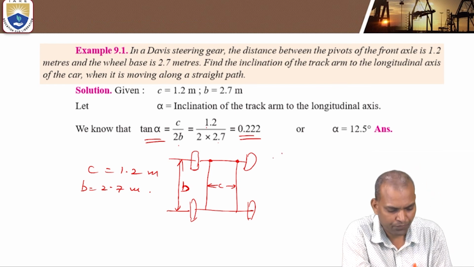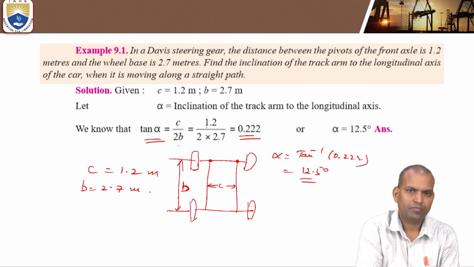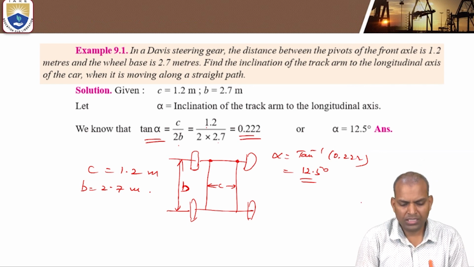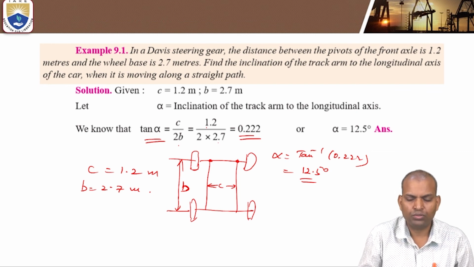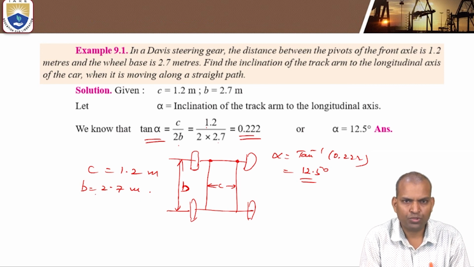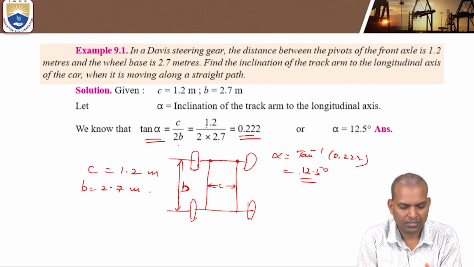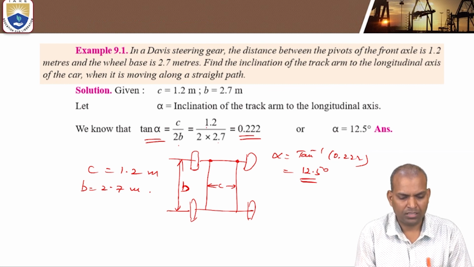Alpha equals tan inverse of 0.22, which equals 12.5 degrees. So this is the angle. One more important point is that this is the inclination of the track arm to the longitudinal axis of the car. When it is moving, that angle should be there, that is 12.5 degrees.